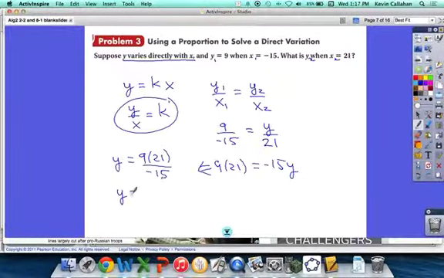So y equals, and we kind of already know where this goes, right? Because we're going to divide a 3 out of 15, which gives us 5, and 3 into 9 gives us 3 sets, 63. So this is using a proportion to solve a direct variation.